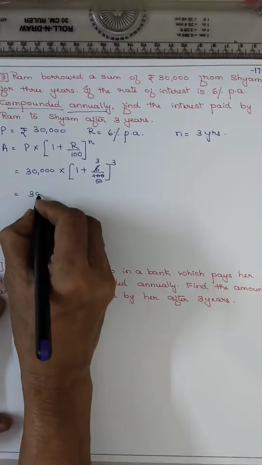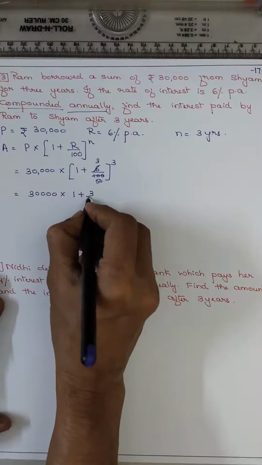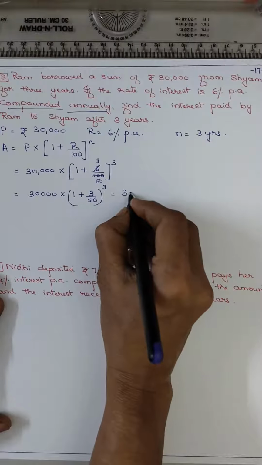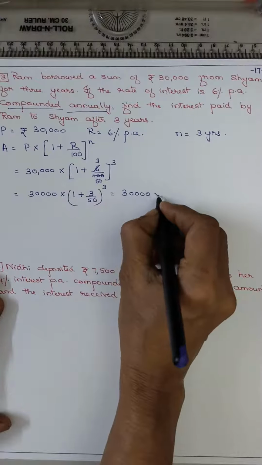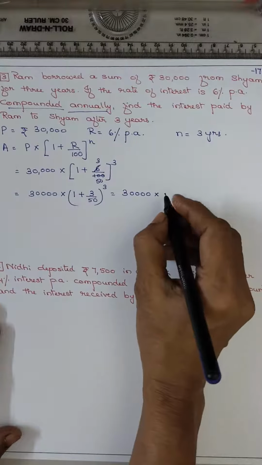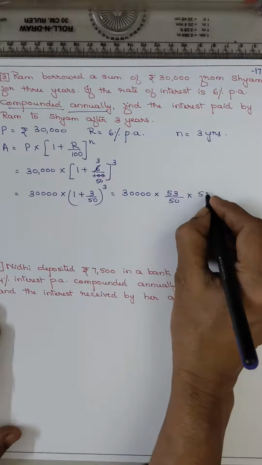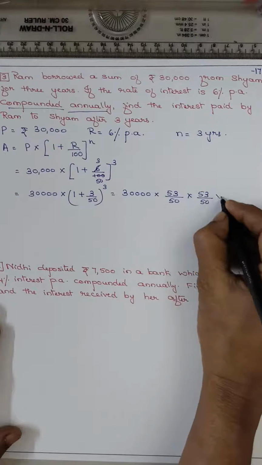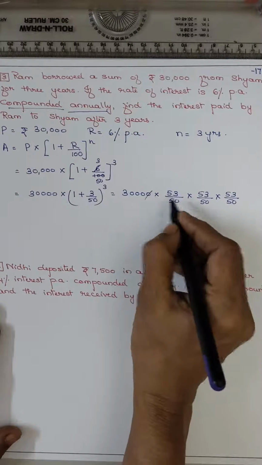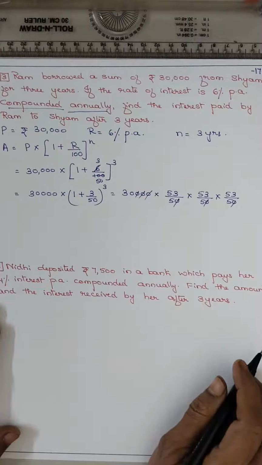So it became 30,000 into 1 plus 3 upon 50 the whole raised to 3. That is 30,000 into 53 upon 50, 53 upon 50, 53 upon 50, 3 times. Zeros cancel.